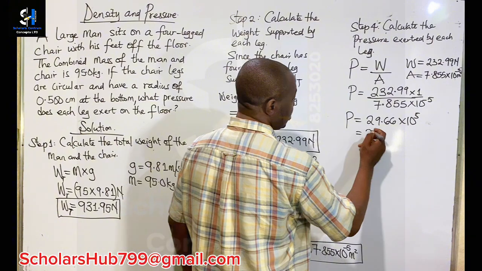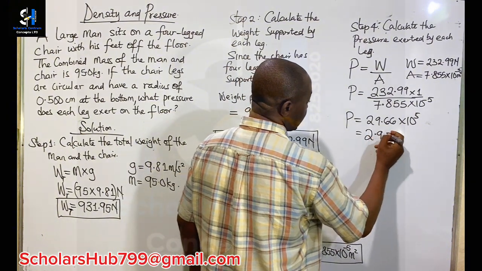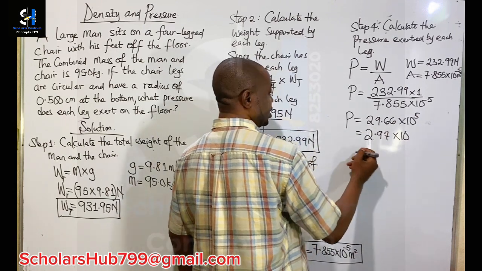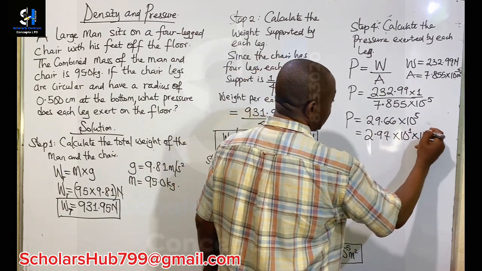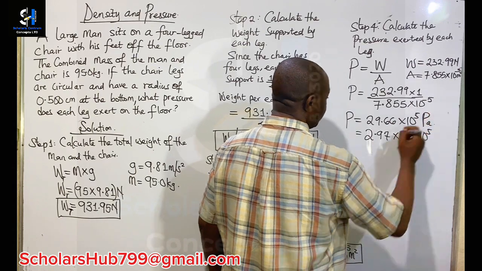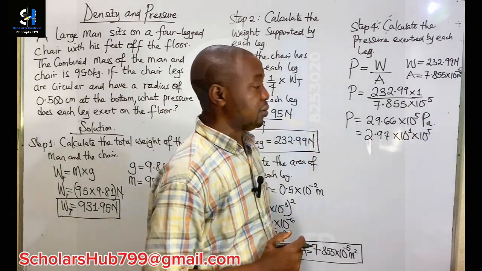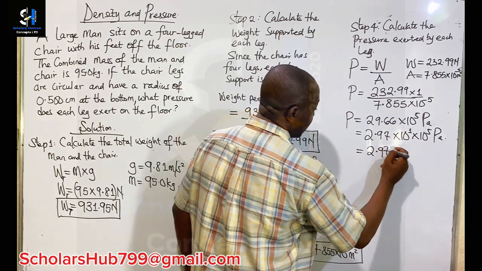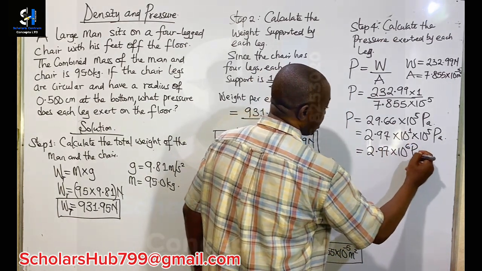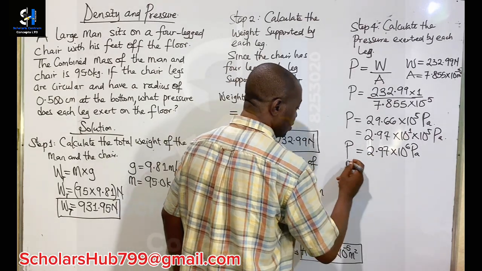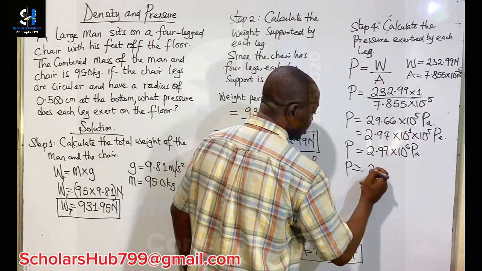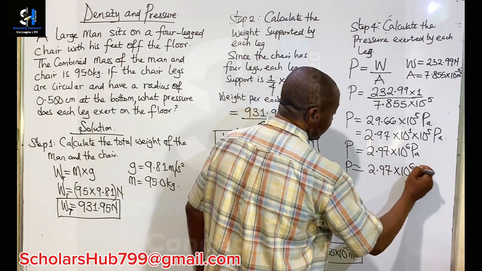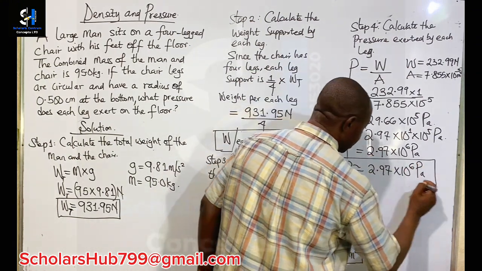So this will be 2.97, when we move the decimal point, times 10 raised to the power of 6. Don't forget the unit of pressure, that's Pascal. So the pressure is approximately 2.97 multiplied by 10 raised to the power of 6 Pascal.